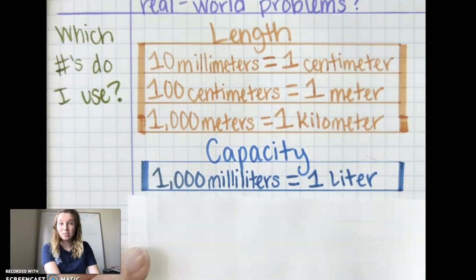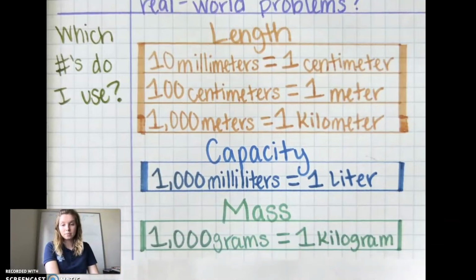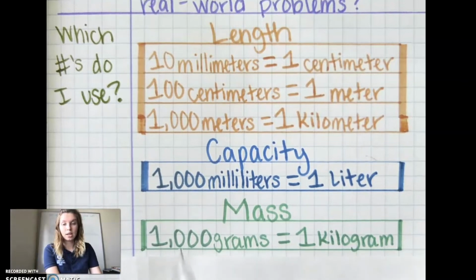All you really have to figure out is to multiply or divide depending on the problem, and we'll talk about how to do that. So that's the capacity table. The last table we're looking at in our notes is mass. Now the mass table is also very short. It's grams and kilograms. There's 1,000 grams in 1 kilogram. That's what it says right here in this table.